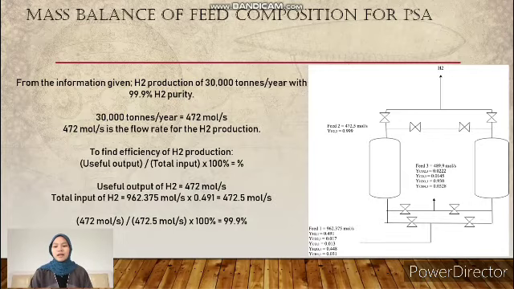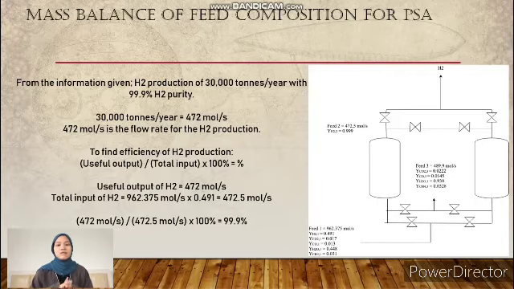As we calculated, in the question stated above, the H2 production needs to be 30,000 tons per year with 99.9% H2 purity. Well, as we calculated, the 30,000 tons per year is also equal to 472 mole per second. 472 mole per second is the flow rate of the final H2 production.